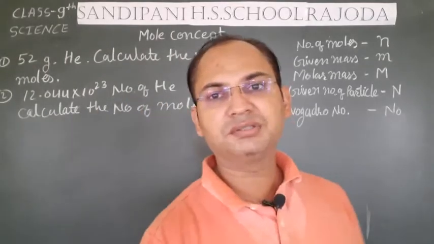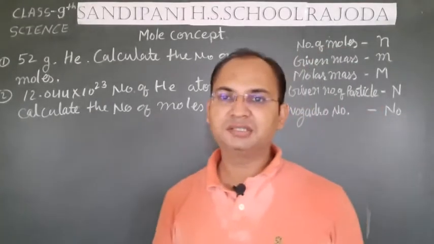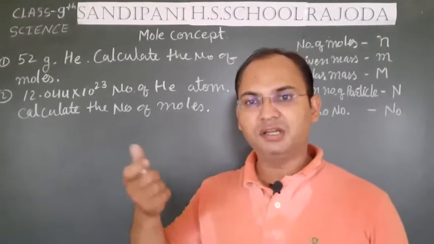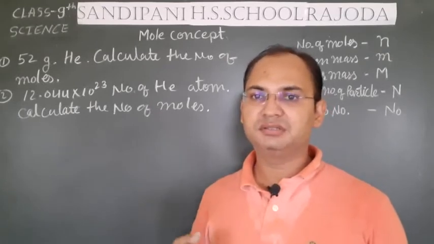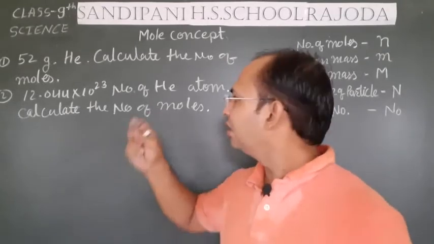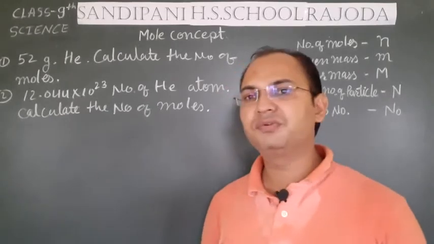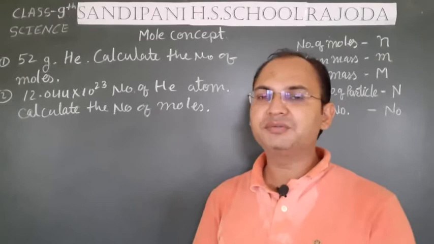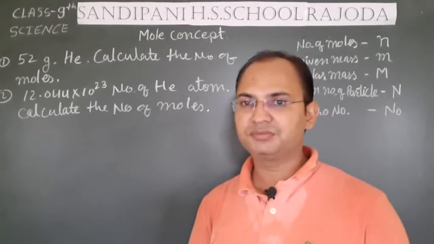In the first question, the mass of the substance is given, that is 52 gram, and in the second question, number of particles are given, that are 12.044 into 10 to the power 23. So, in both the cases we have to calculate the number of moles.